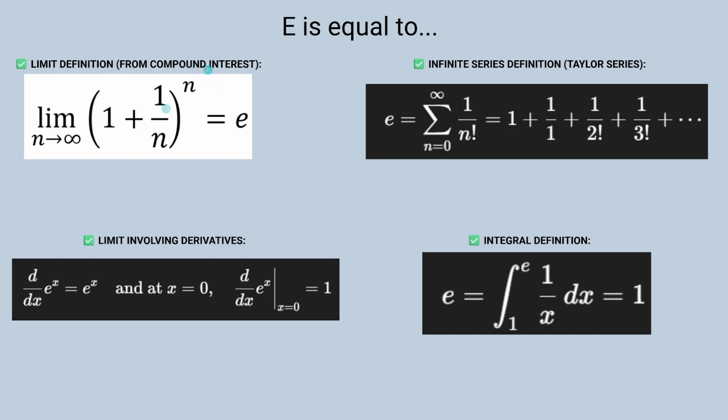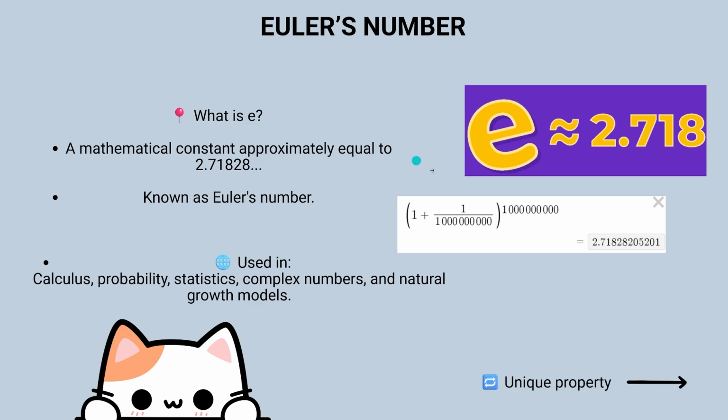Just imagine it's raised to infinity, and you get E. The larger the n is, the closer it gets to E. So E is approximately equal to 2.718281828459045, I believe, and so on.